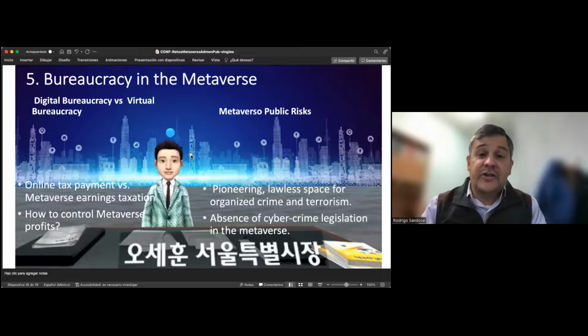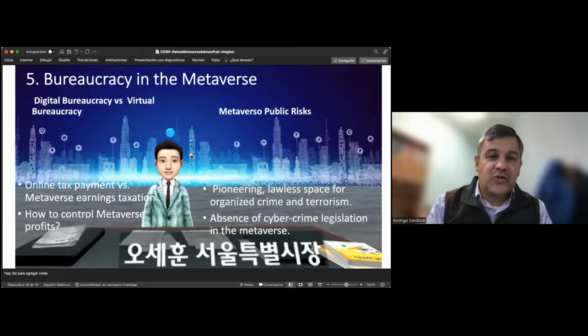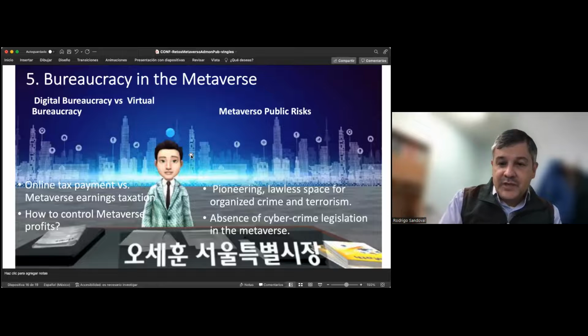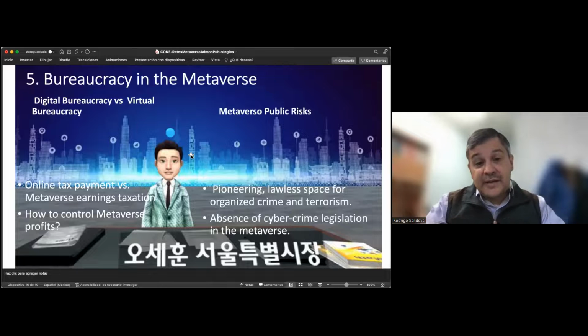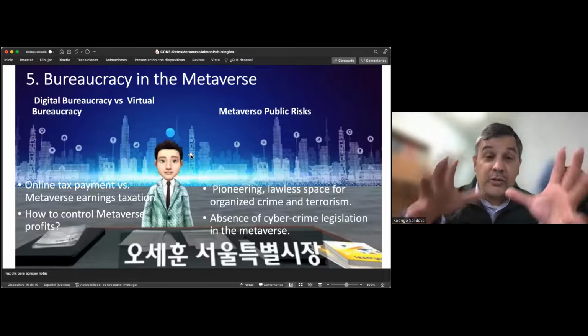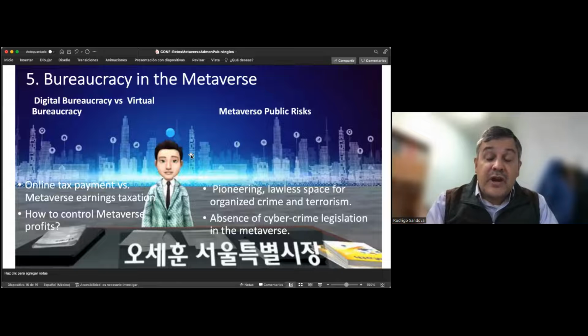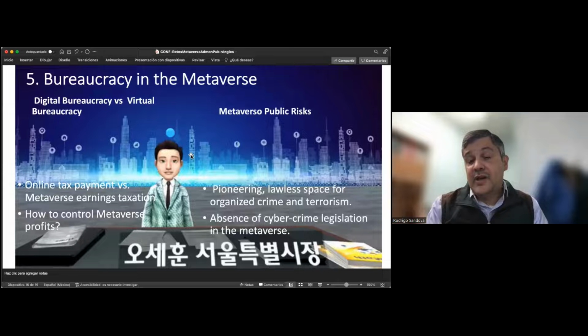And on the other side of the coin, in the same topic of bureaucracy, are the metaverse public risks. So if this is a new world, we are pioneering. We have large space for organized crime and terrorism in the metaverse. So the government has to be aware about this.